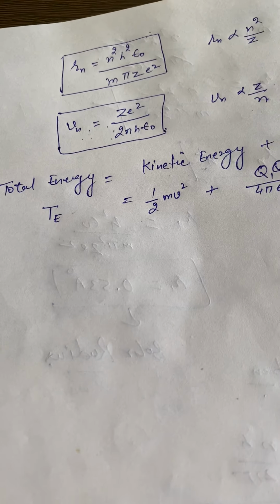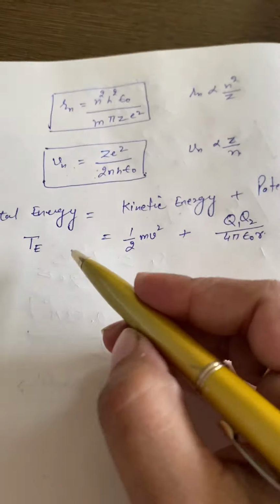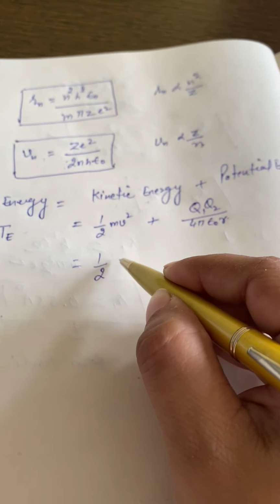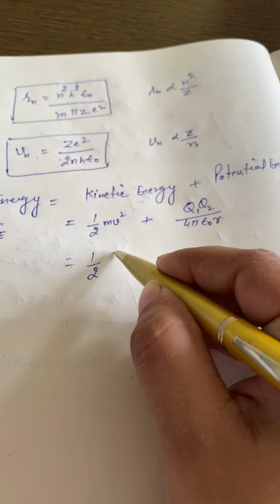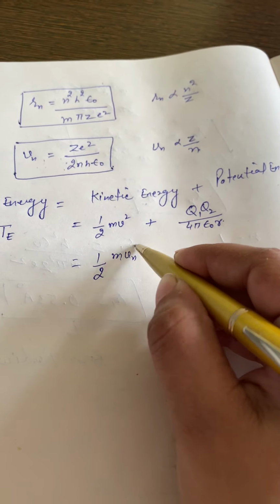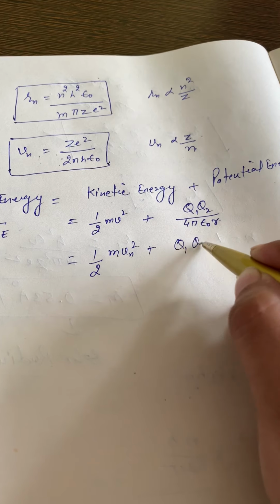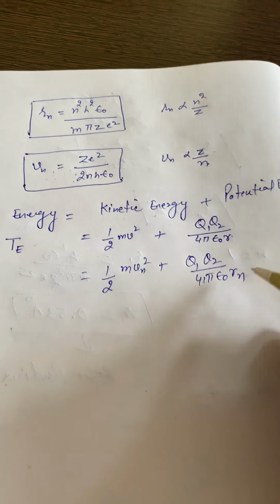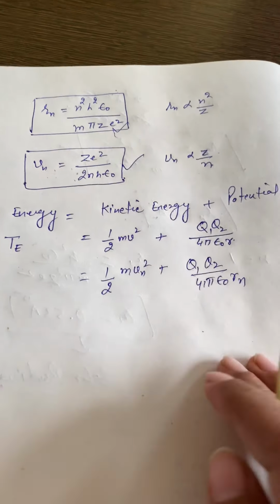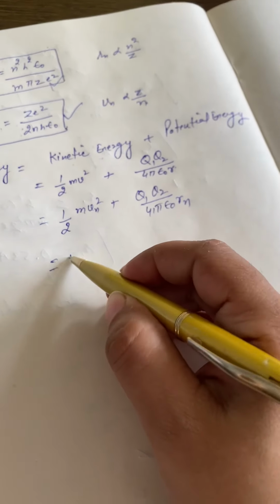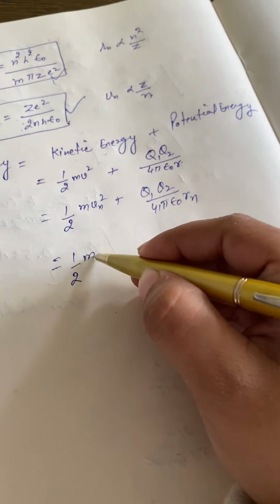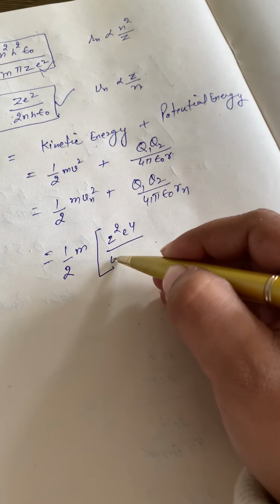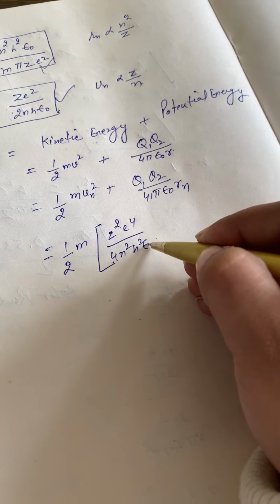Now if we calculate the total energy for the nth orbit, we will write 1 by 2 m v_n square plus q1 q2 over 4 pi epsilon naught r_n. By putting these two values here, we will get 1 by 2 m z square e raised to power 4 over n square h square epsilon naught square.